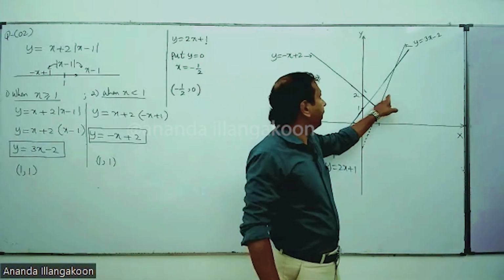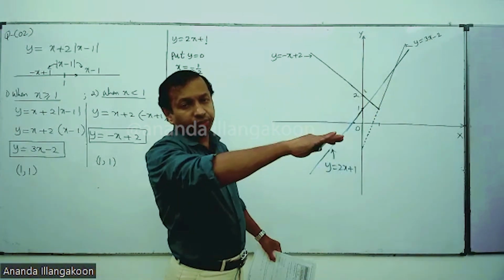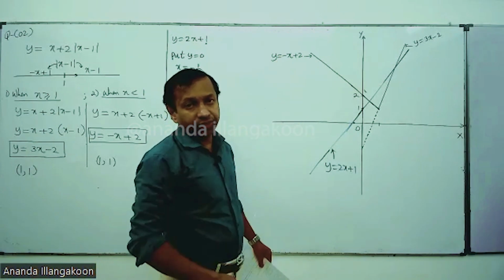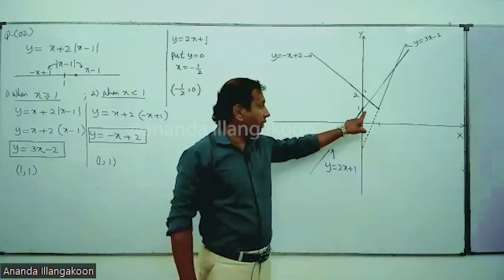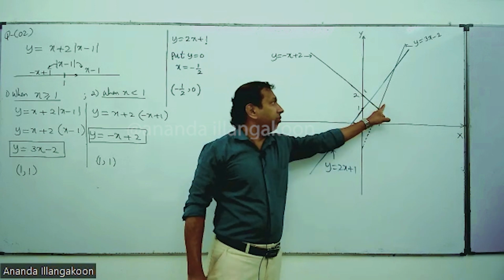This line's gradient is 3. Gradient 3 means the more angle it makes with the positive x-axis. Gradient 2 means lesser angle it makes. So when we draw this inclination lesser, this line and this line must meet there.